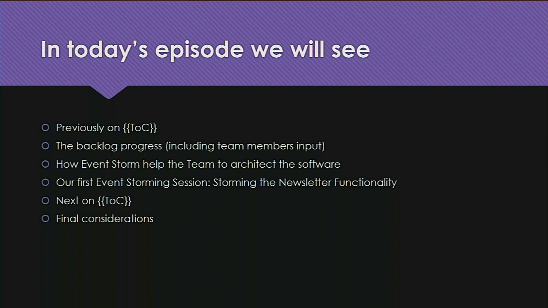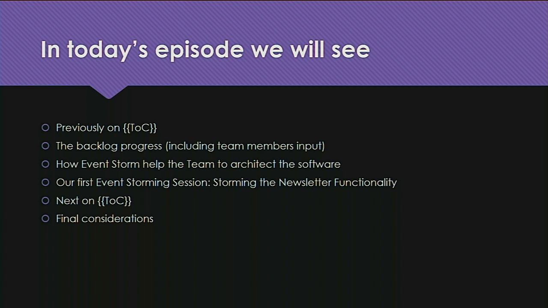Of course, we're going to do a very quick retrospective about what we did in the previous session. Then we are going to take a look at our current backlog on DevOps, the current stage, because the team contributed with some items there that I want to share with you. Then we move on to today's session subject, which is how to use Event Storm and how it helps to develop the software architecture and how it helps the communication between the team members.